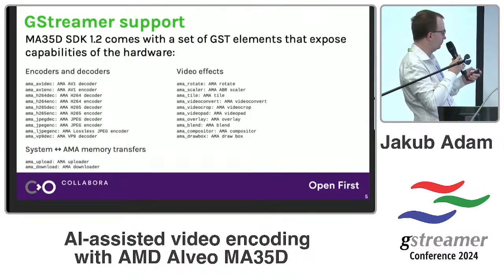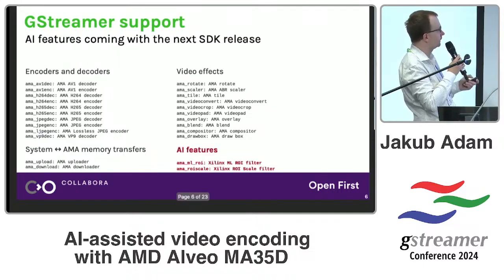And there are also a sizable number of video effects that are available in the hardware: rotating the image, scaling, even compositor. And what I've been working on recently is adding a new set of elements that will allow these AI features and executing the ROI filter, region of interest.